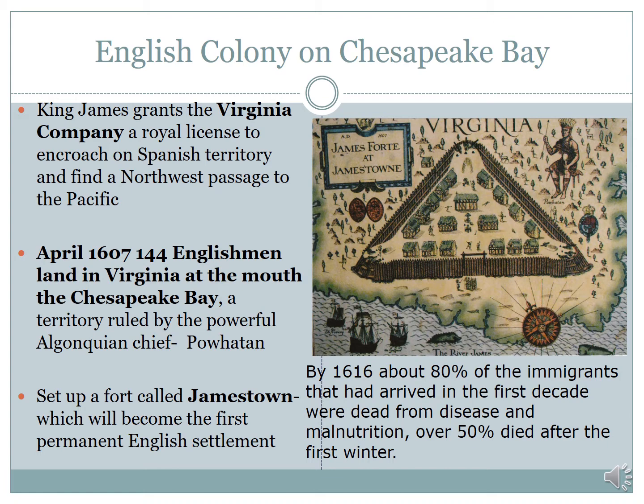And by 1616, about 80% of the immigrants that had arrived in the first decade were dead from disease and malnutrition, and 50% died after the first winter. So just to give you a sense of the timeline, they arrived there in May.